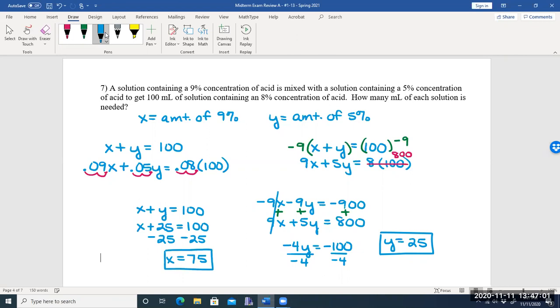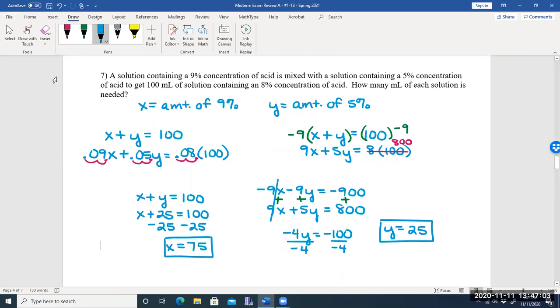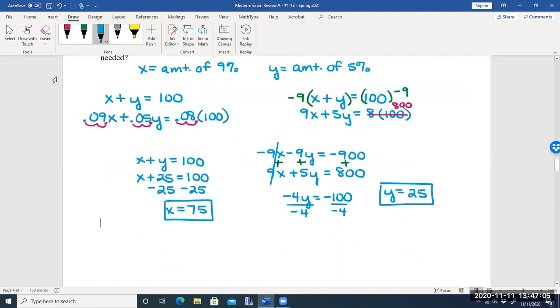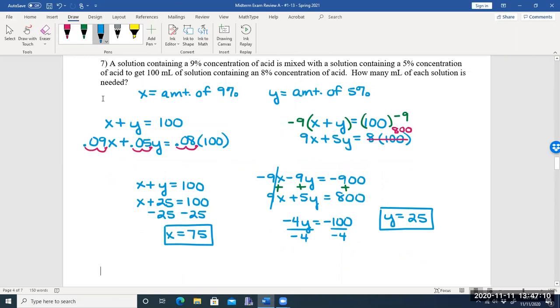Now, at the end here, I just encourage you to make sure that you know which represents x and which represents y. So if the question only asked for how much of the 9%, you've got to make sure you know which is the 9%. And the way I define my variables, for me, the 9% is the x value.